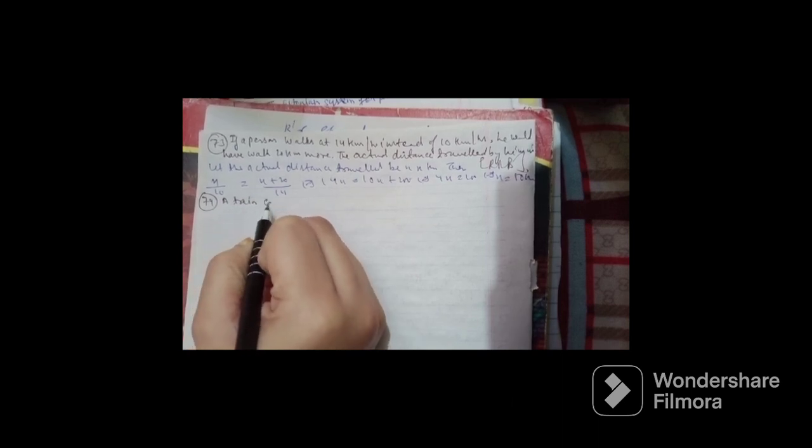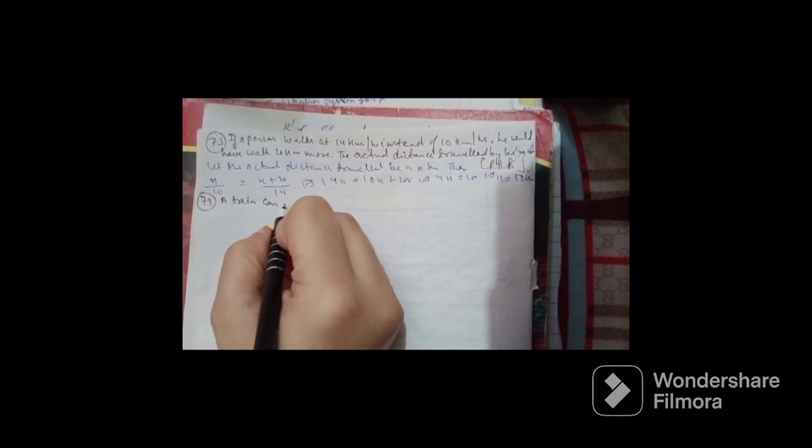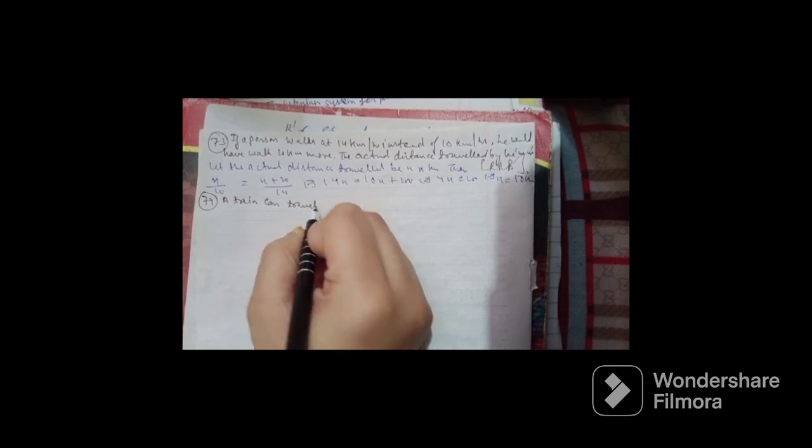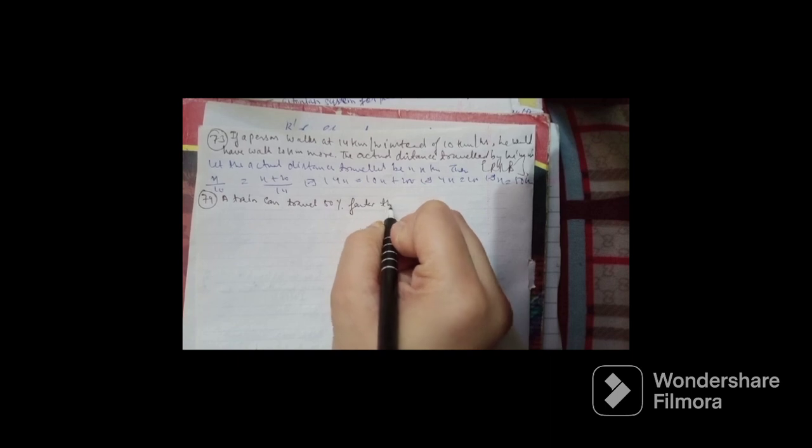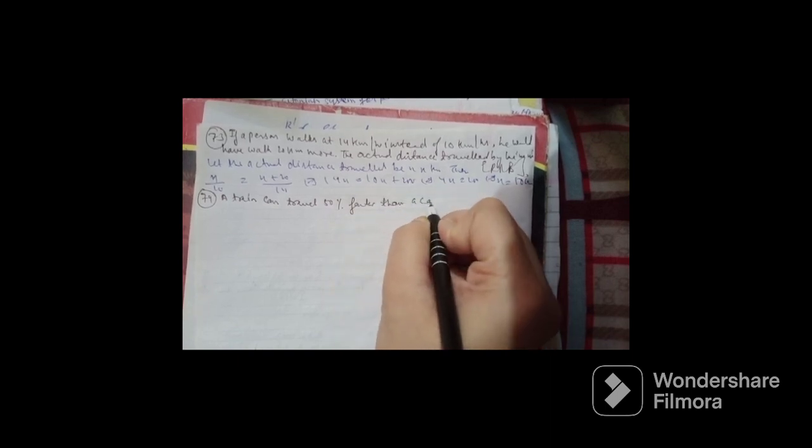A train can travel 50% faster than a car.